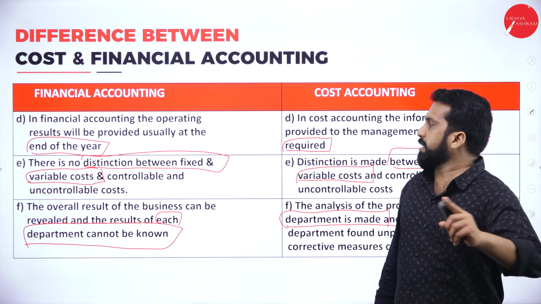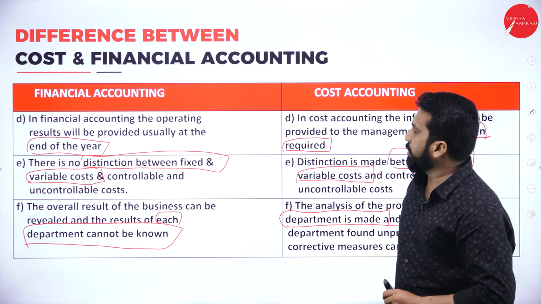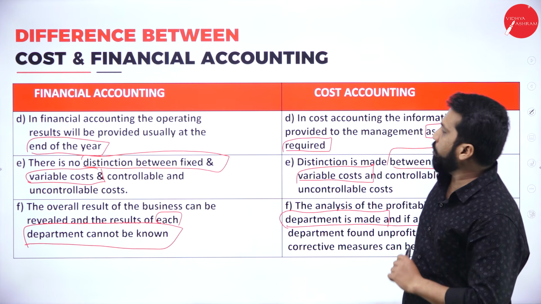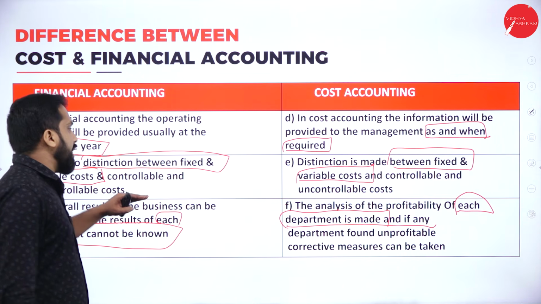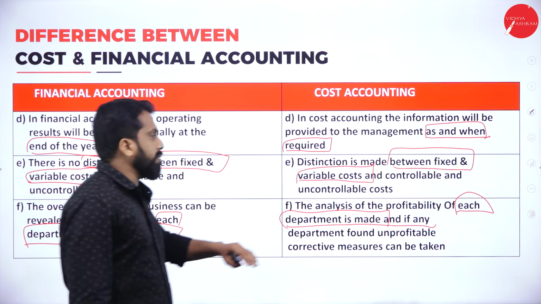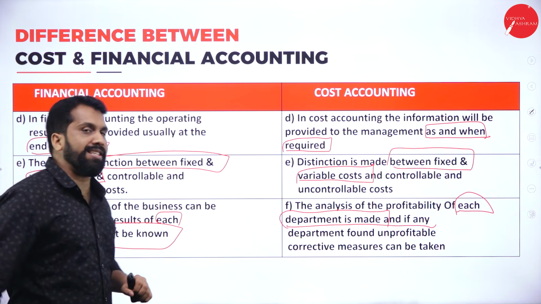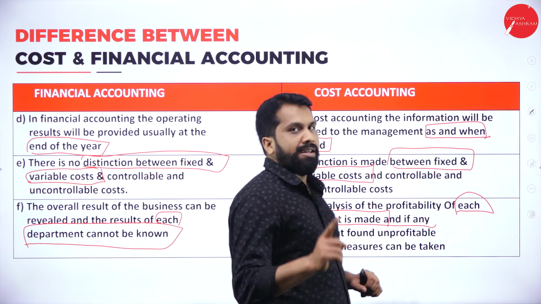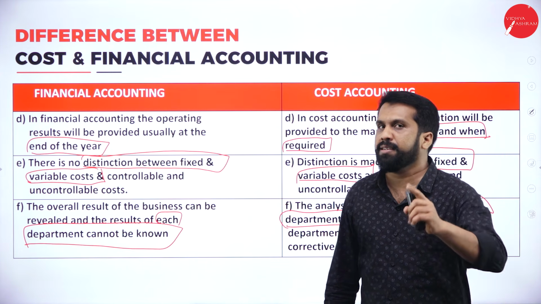And there is a distinction between fixed, variable, controllable, non-controllable. Here there is no distinction between fixed, variable and controllable, uncontrollable, but in cost accounting you have distinctions. Then departmental-wise you will not get, but departmental-wise you will get. Clear? Yes.